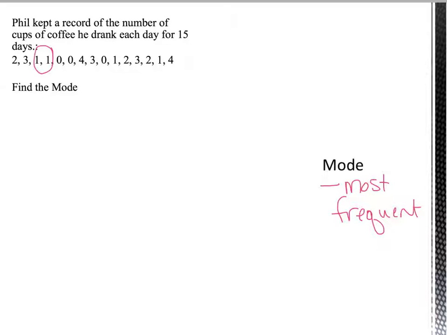I have 4 1s, I only have 3 2s, 3 3s, and 3 zeros. So 1 is definitely our mode. 1 cup of coffee. Okay?